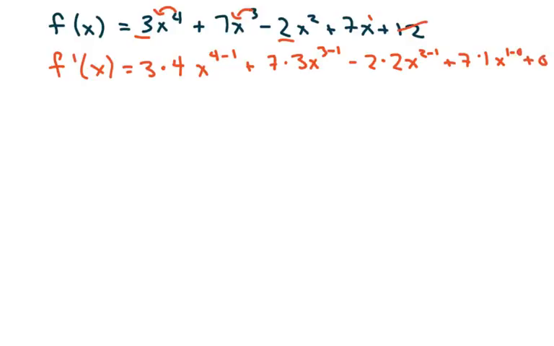All right, and you clean it up, you get 12x cubed plus 21x squared, plus, that's a minus, sorry, minus 4x plus 7.